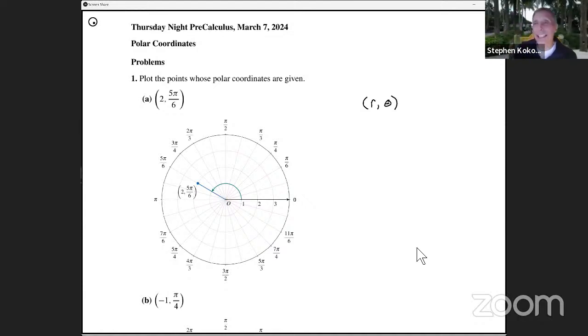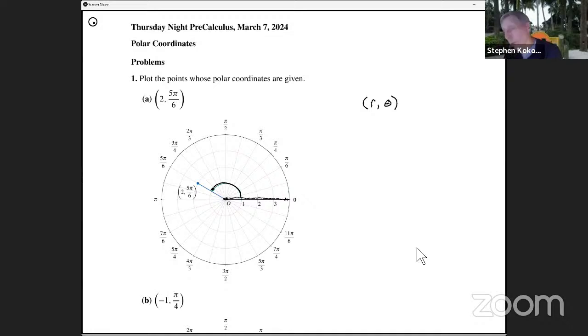All right, so I'm plotting these rather than in an XY coordinate system. I've actually drawn this polar grid. I think of this as the origin right here, and this line going out along the positive x-axis is our polar axis. The way I would plot a point like this is I would draw this angle measured counterclockwise from the polar axis. So that's 5 pi over 6.